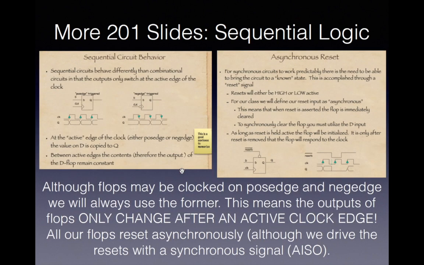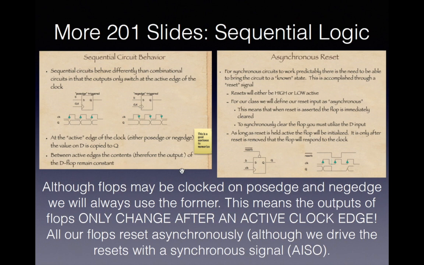First, let's keep in mind how a flip-flop operates. Depending on the way the flop is defined, on the left we see a pos edge triggered flop, on the right a neg edge. On the left, that means it's only when the active edge of the clock occurs that the output may switch. Same thing on the right.